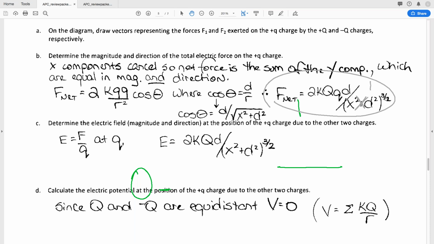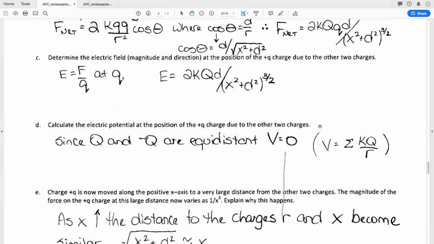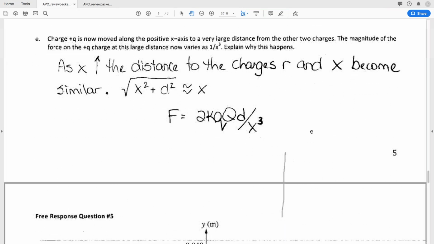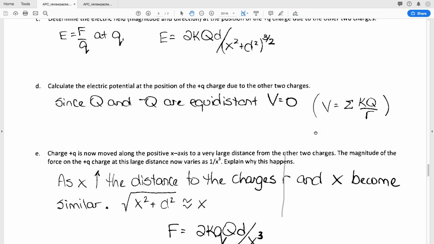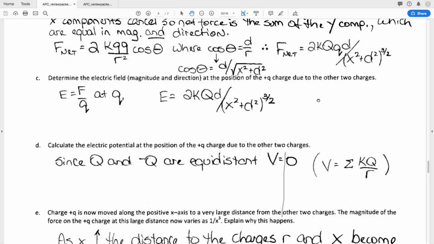I'm not sure what's going on here with the 3/2. I think I'd have to take a closer look at that. Because when I back substitute that in here, I'm trying to figure out what happened to the 3/2.